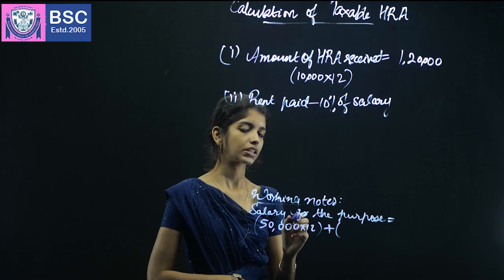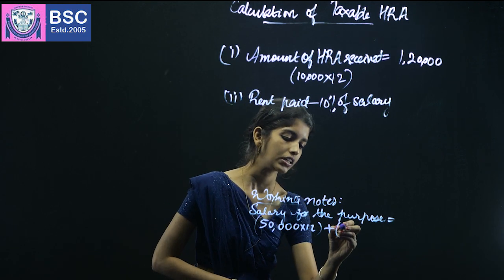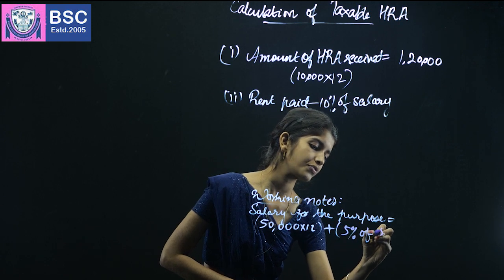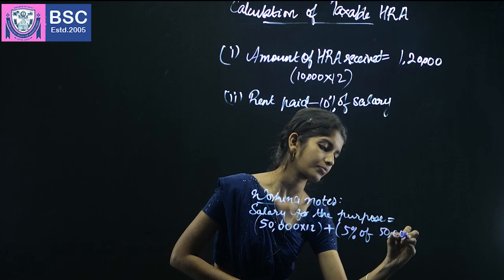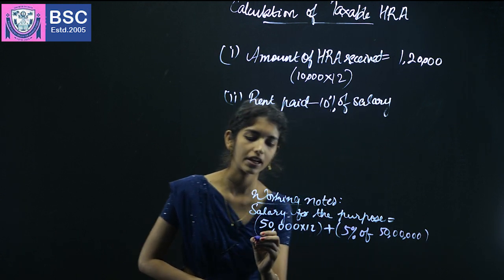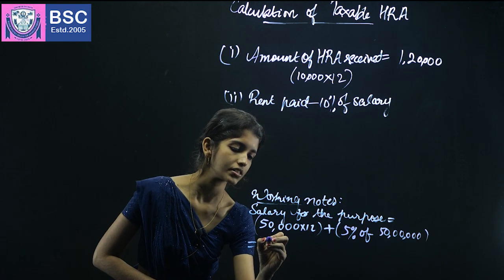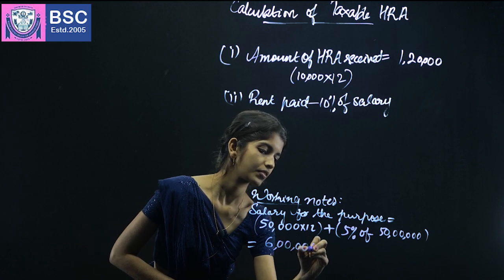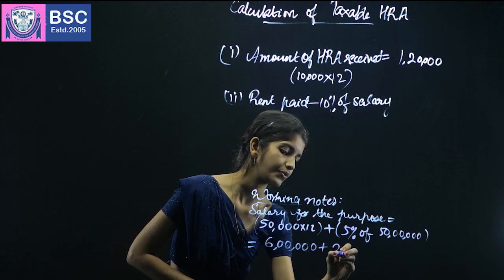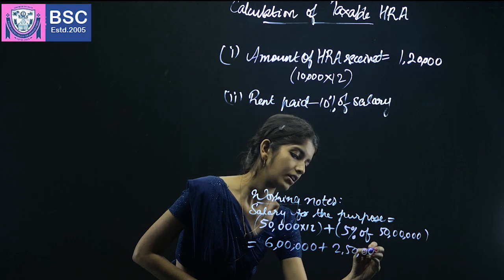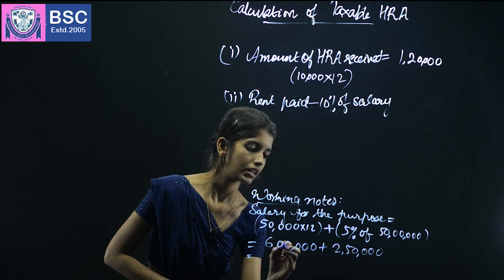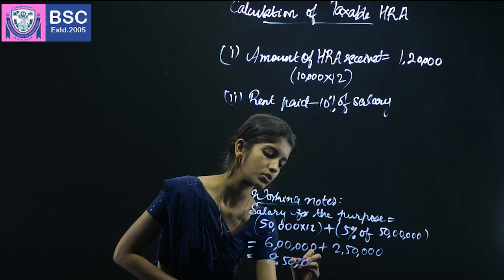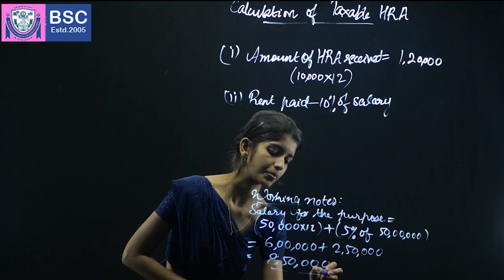Then the third item is commission on turnover, that is 5% of 50 lakh. So 50,000 into 12 is 6 lakh plus 2,50,000 amounts to 8,50,000. 8,50,000 will be the salary for the purpose.